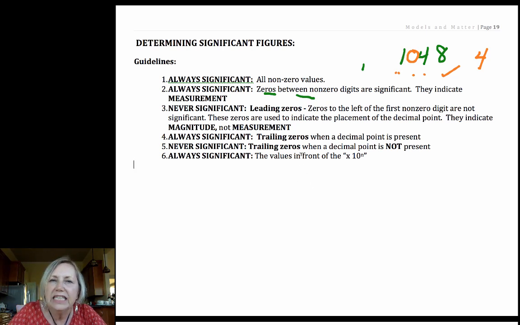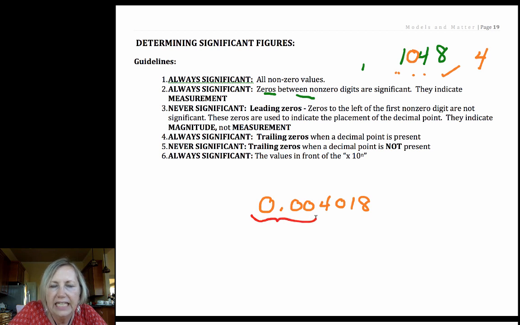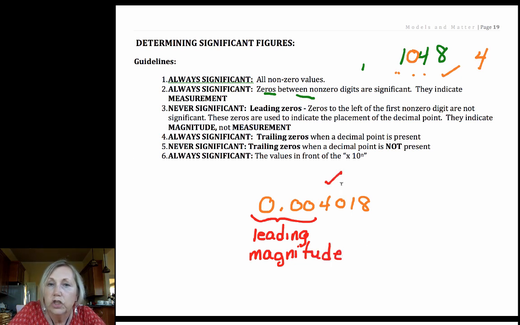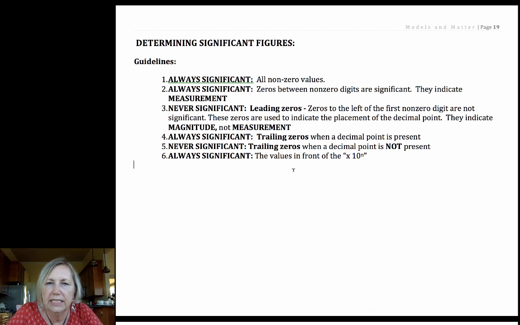Now, if you have leading zeros, like in 0.004018, these zeros in front are considered leading zeros. They're not telling me about measurement, they're telling me about magnitude. So leading zeros are never significant. 4, 0, 1, 8: remember, sandwiched zeros are significant. 4 significant figures.